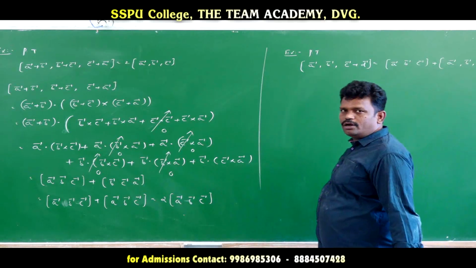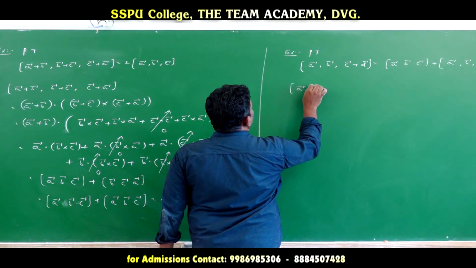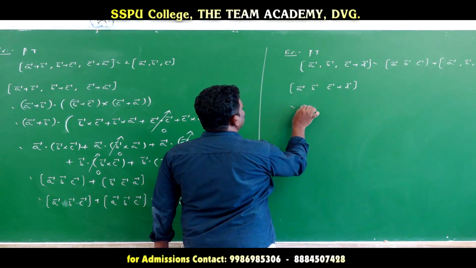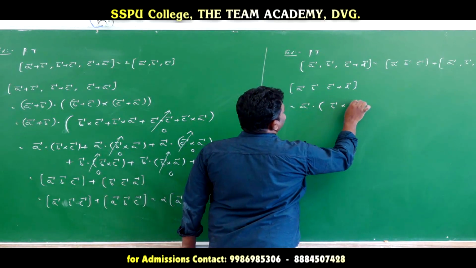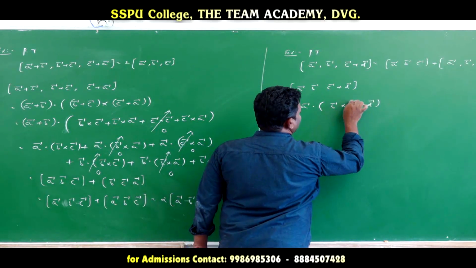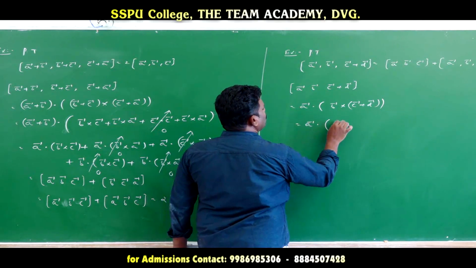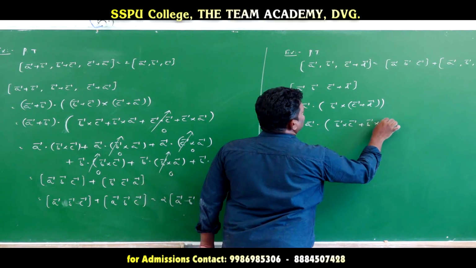Now, if you run it again, box of A bar B bar C bar is equal to A bar dot B bar cross the value C bar plus D bar, that is equal to A bar dot B bar cross C bar plus B bar cross D bar.